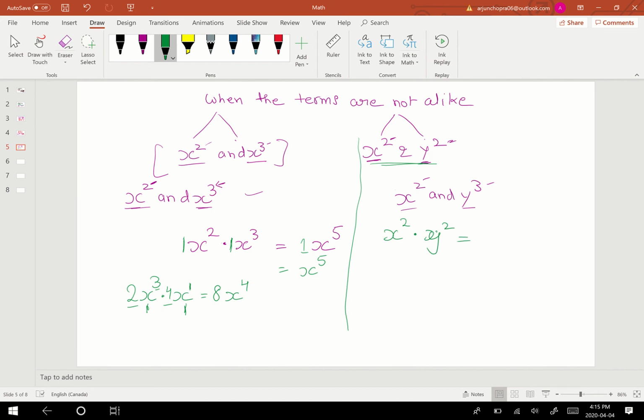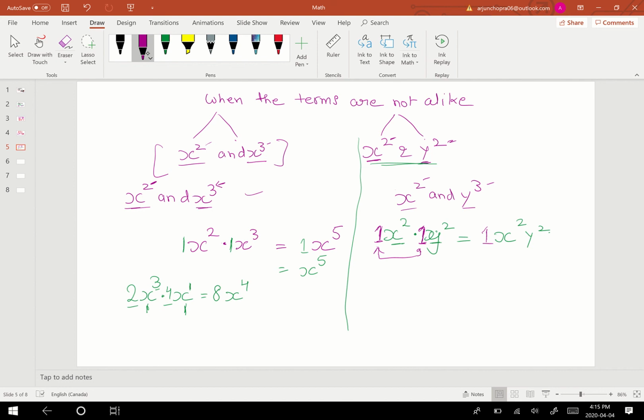I can't do anything with this, I'll just write it as it is because the bases are not the same, so I can't do anything with the multiplication. x squared y squared, but I can still multiply the constants in front. There's a constant here and a constant here, 1. This 1 will still be multiplied with the 1, so this will be 1 x squared y squared.